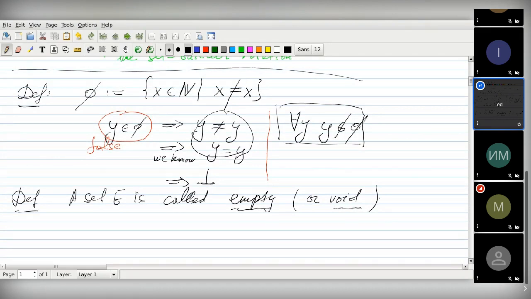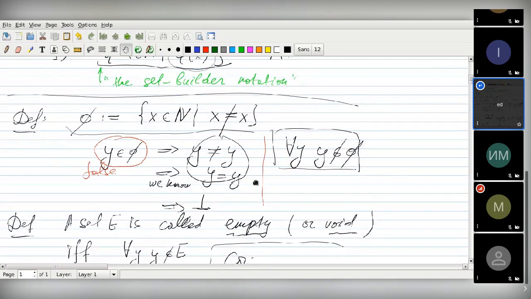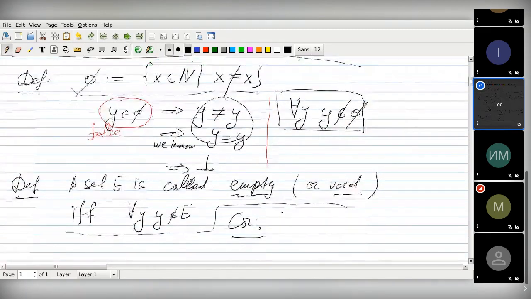A set E is called empty if and only if it has no element. So any set without elements is called empty. Corollary: this set is empty, as it has no element.